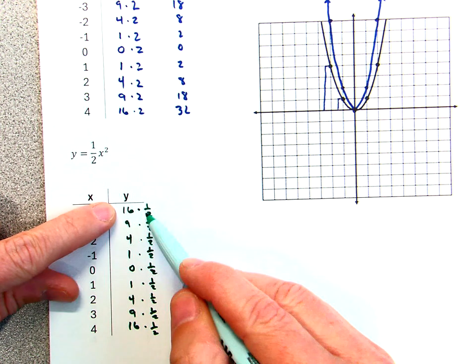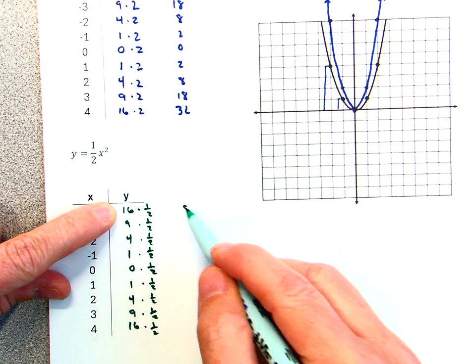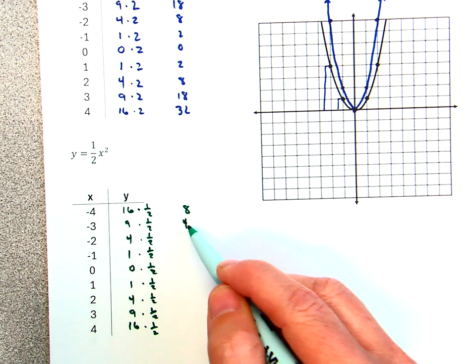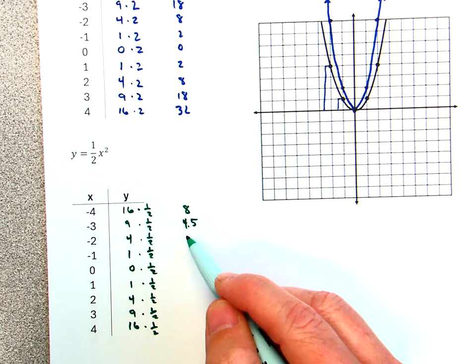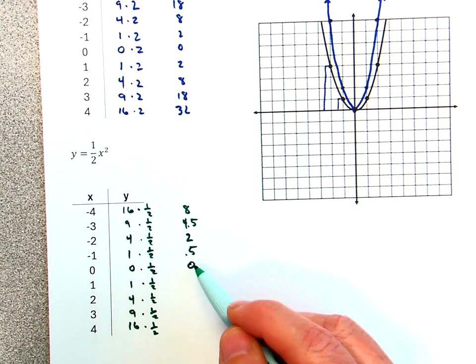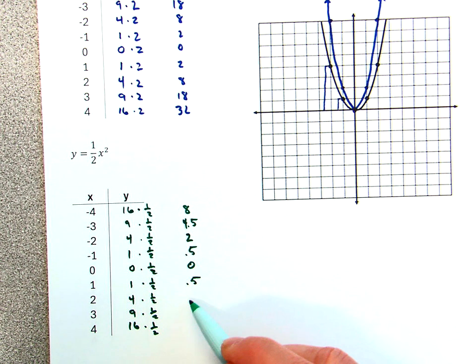So if I halve this distance of 16, halving the distance of 9, half of 9 I'll just say is 4.5, half of 4, half of 1, half of 0, half of 1, half of 4, half of 9, half of 16.